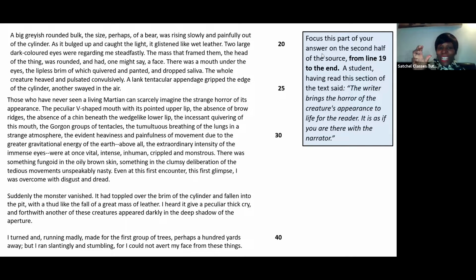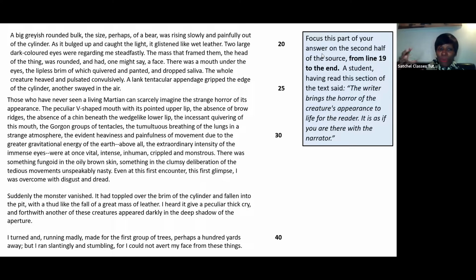Those who have never seen a living Martian can scarcely imagine the strange horror of its appearance. The peculiar V-shaped mouth with its pointed upper lip, the absence of brow ridges, the absence of a chin beneath the wedge-like lower lip, the incessant quivering of this mouth, the Gorgon group of tentacles, the tumultuous breathing of the lungs in a strange atmosphere, the evident heaviness and painfulness of movement due to the greater gravitational energy of the Earth.